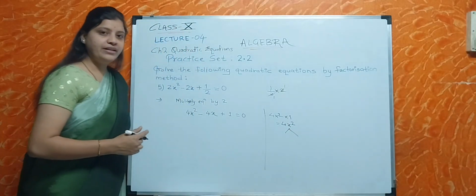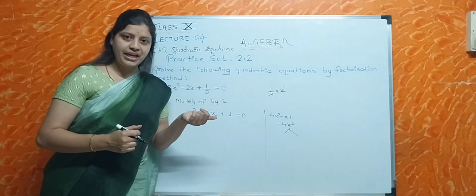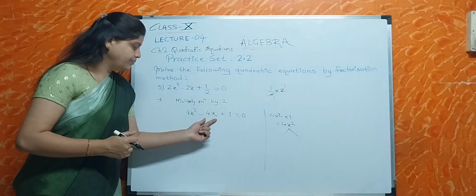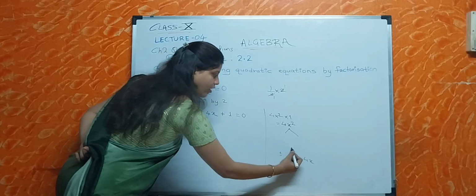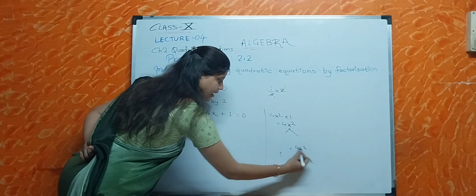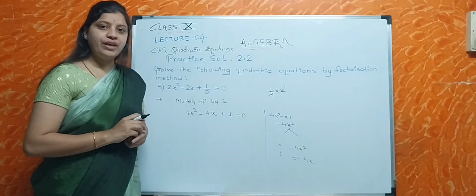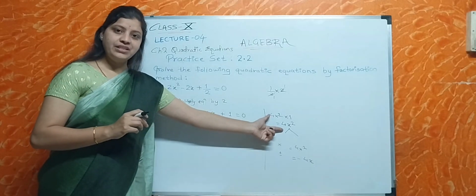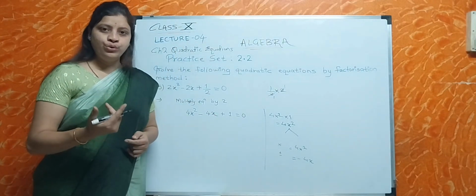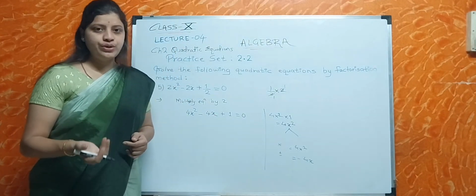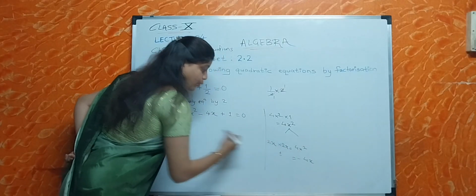So we want two factors such that we get 4x square as a multiplication, and 4x as addition or subtraction. Now what are such numbers so we can get 4 as a multiplication as well as 4 as an addition or subtraction? 2 twos are 4 and 2 plus 2 is 4. So that means the factors are 2x and 2x.